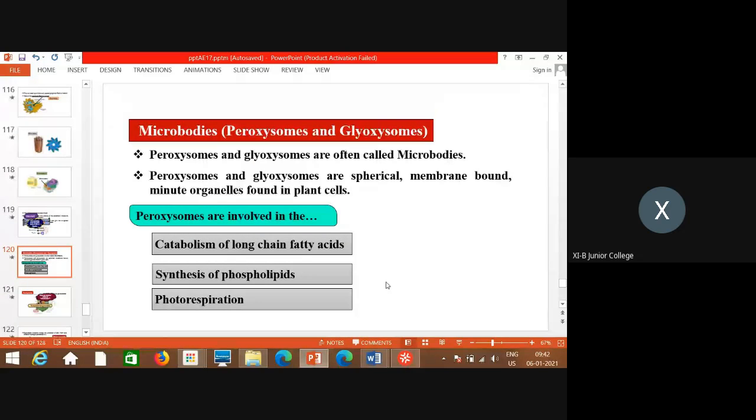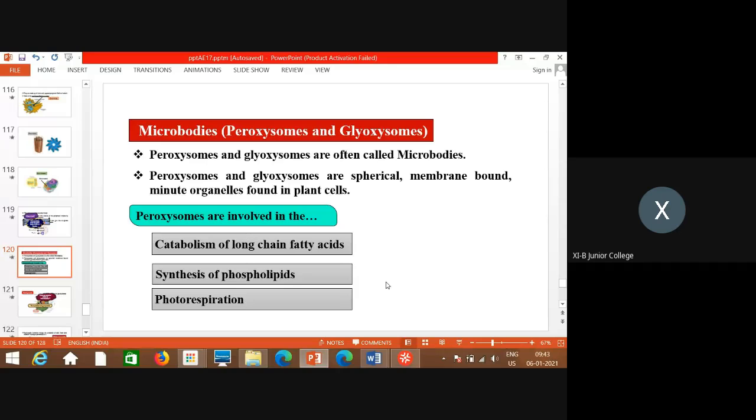Now, microbodies. There are a few microbodies present in eukaryotic cells. Two examples of these are peroxisomes and glycosomes. These are commonly called microbodies. Peroxisomes and glycosomes are spherical, membrane-bound, minute organelles found especially in plant cells.